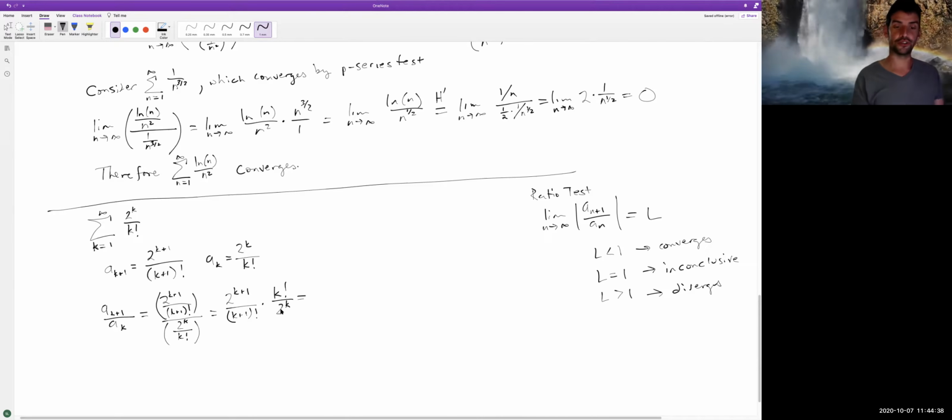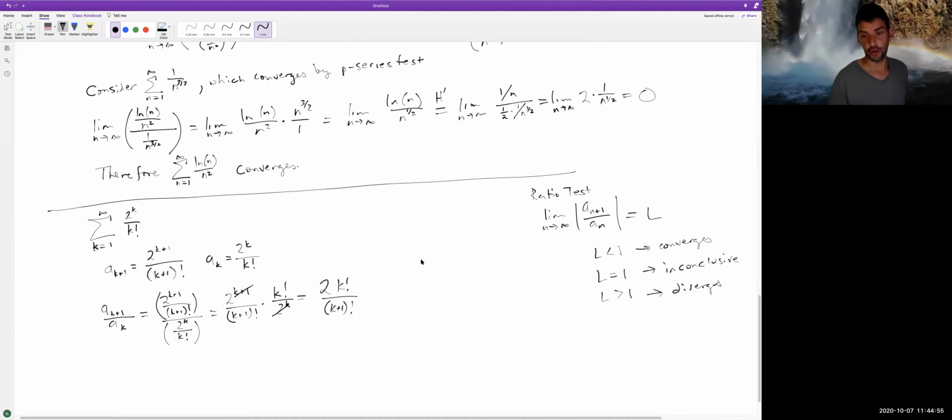2 to the k+1 divided by 2 to the k just leaves me 2, right? There's one more power of 2 in the numerator than the denominator. What about k factorial over k+1 factorial? Well, you just have to remember what factorials are. Let's just do an example.